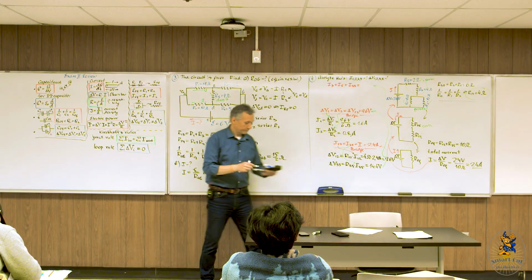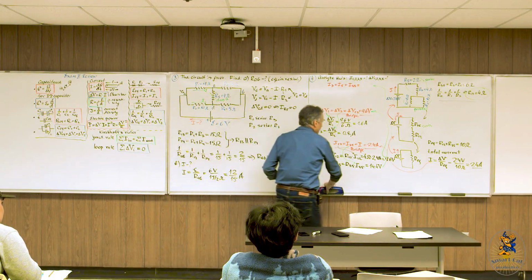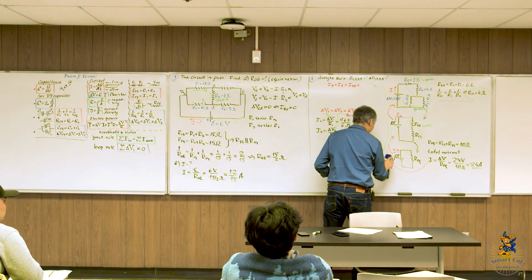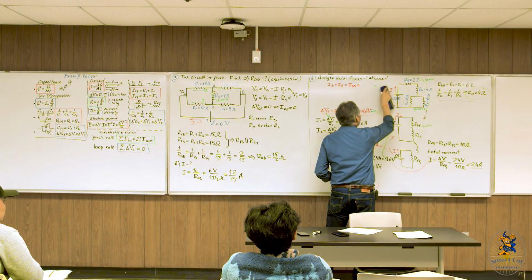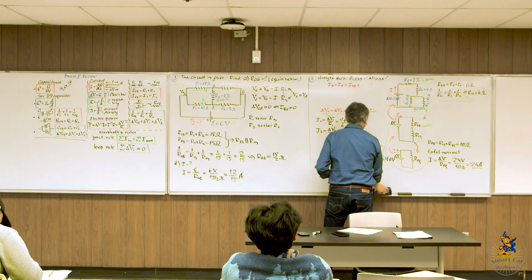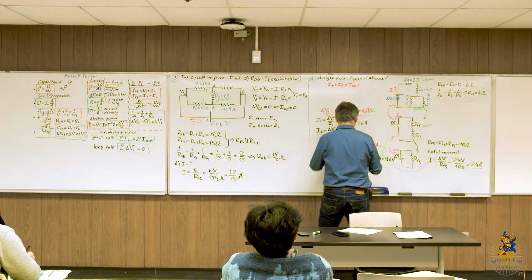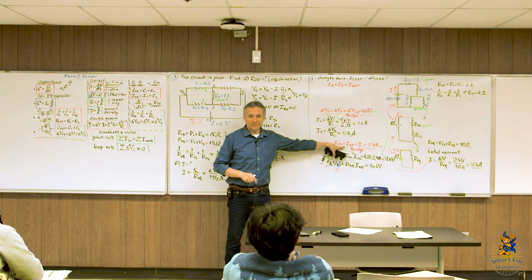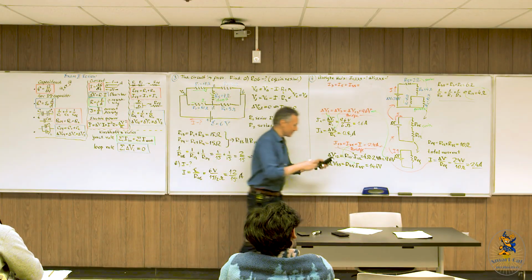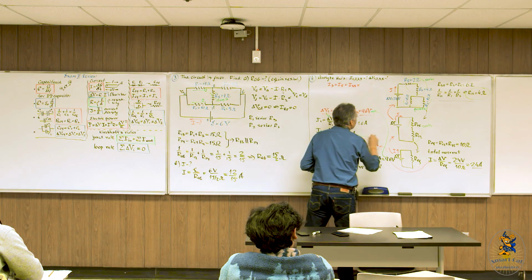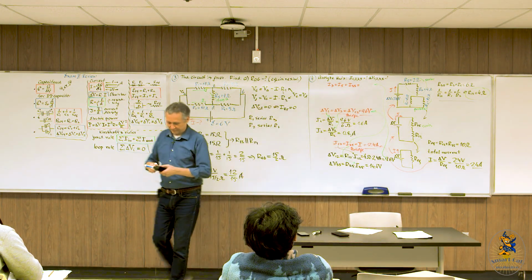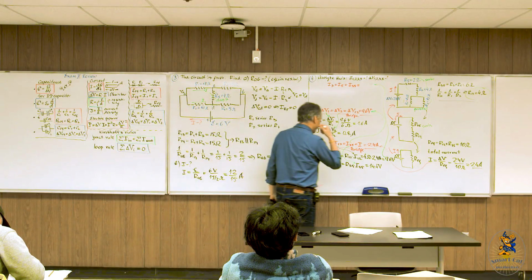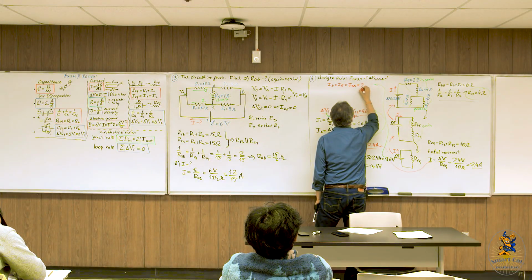Wait, that's delta V. Sorry. Wrong address. I have to be careful. All right, so current I35, it's here in the bridge. It happens. So that's 2.4 amps.